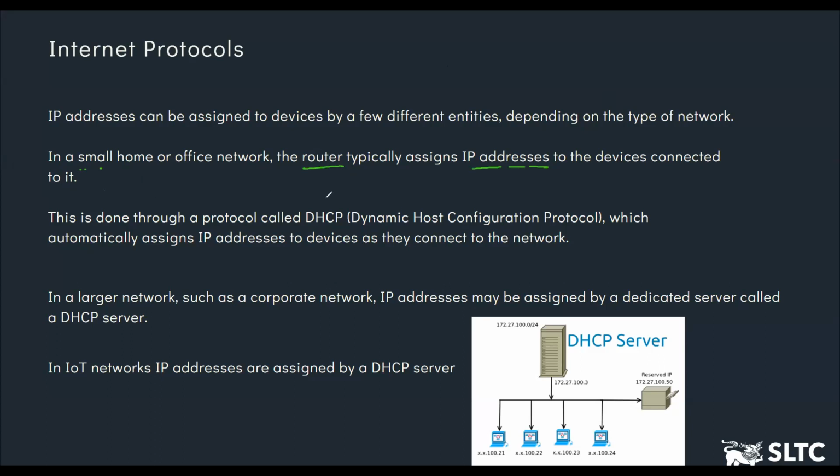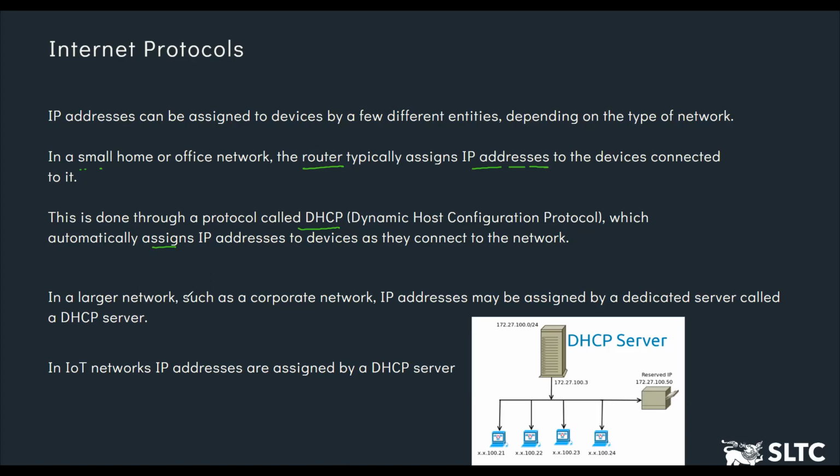In that case we use the protocol called Dynamic Host Configuration Protocol, that automatically assigns IP addresses to devices as they connect to the network. This protocol helps us give a unique IP address to each of the devices connected to the network.